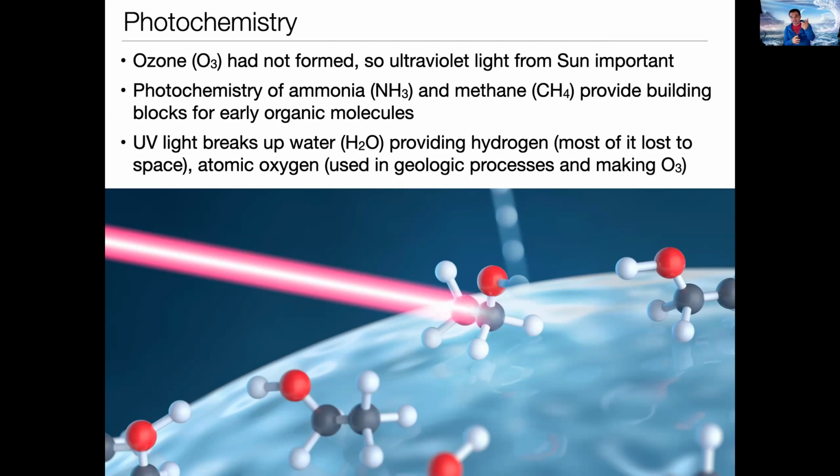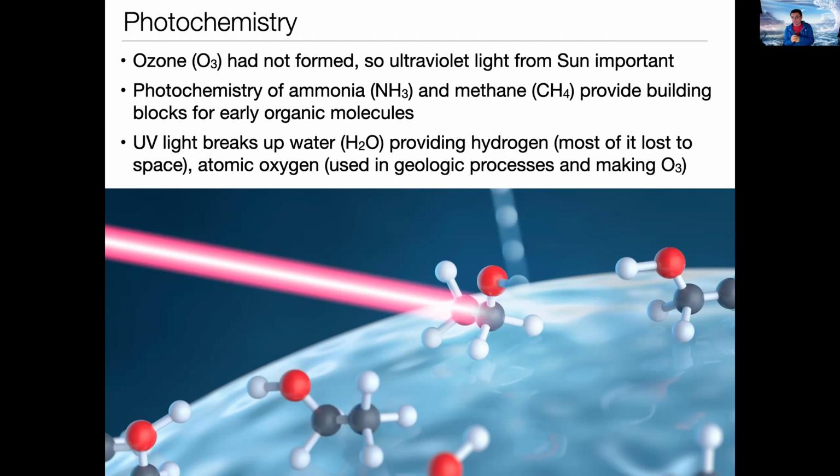Okay, so this photochemistry we think was very important early on for providing the chemical building blocks, the chemical environment that we think needed to be around for the early building blocks of life forms to actually be created.